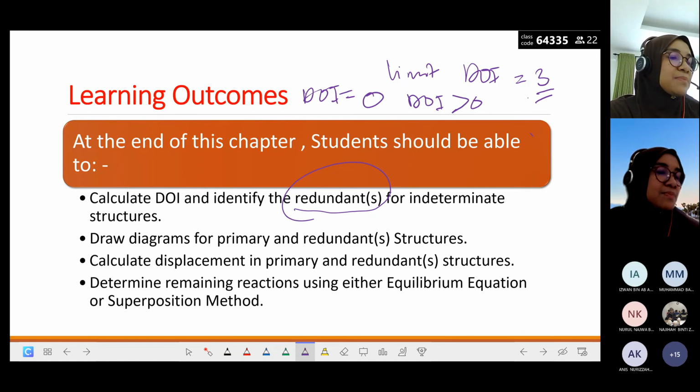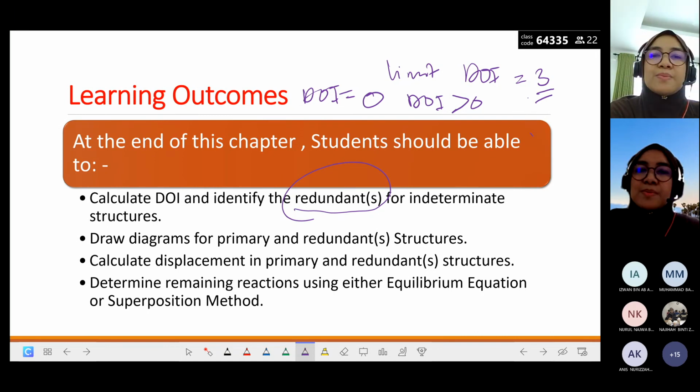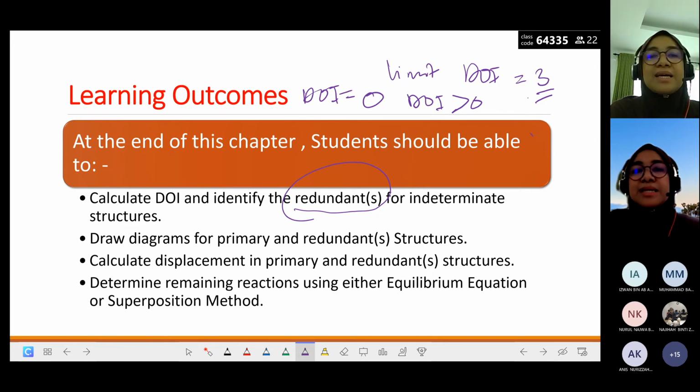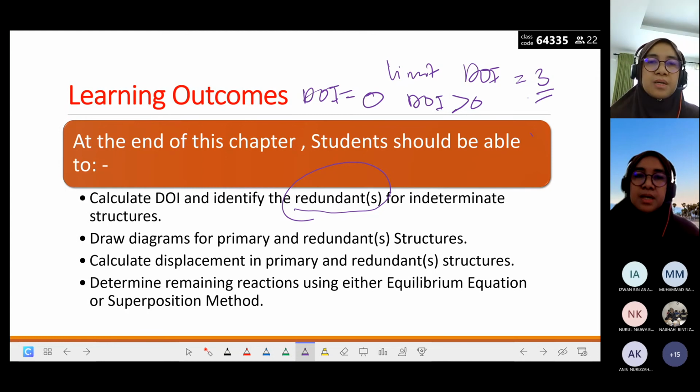The next chapter. Learning outcome number 2: draw diagrams for primary and redundant structure.